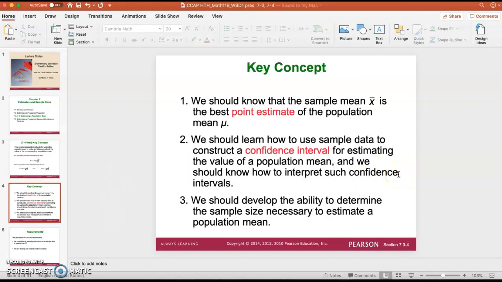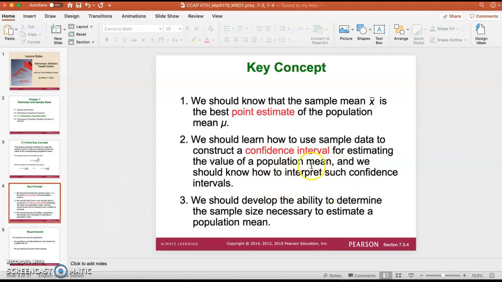So key concepts here, again, we should know the sample mean x bar is the best point estimate of the population mean mu. So that should be more review still, hopefully. And we should learn how to use sample data to construct a confidence interval for estimating the value of a population mean. And we should know how to interpret such confidence intervals.